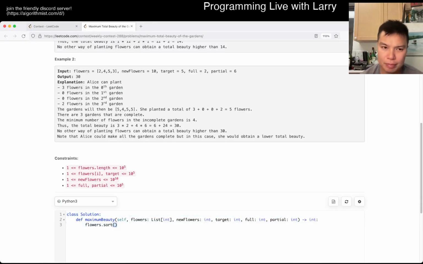I think it's prefix sum, but maybe just do the math on that. Maybe. Can you do a binary search? I don't know if this is true, so we'll see.